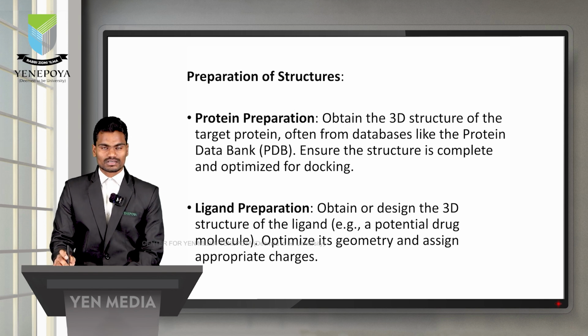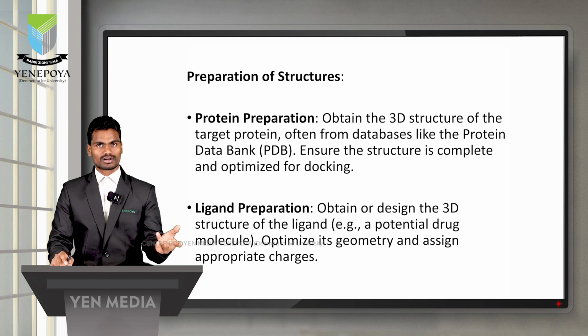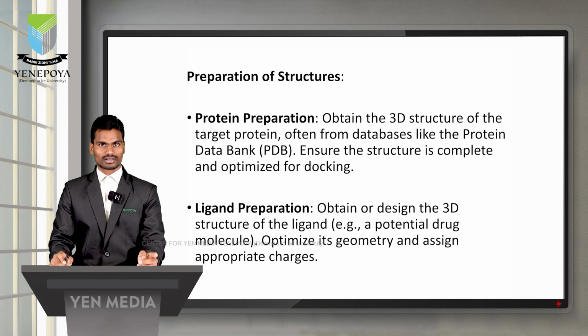Say, for example, a new disease is developing: after research we will know about the pathophysiology and the root cause, which is a protein, enzyme or receptor. If the receptor has been reported already, we will have information on that particular receptor in the PDB, or Protein Data Bank. There we will have the 3D structure. From there we will obtain the protein and prepare it according to our desirability.